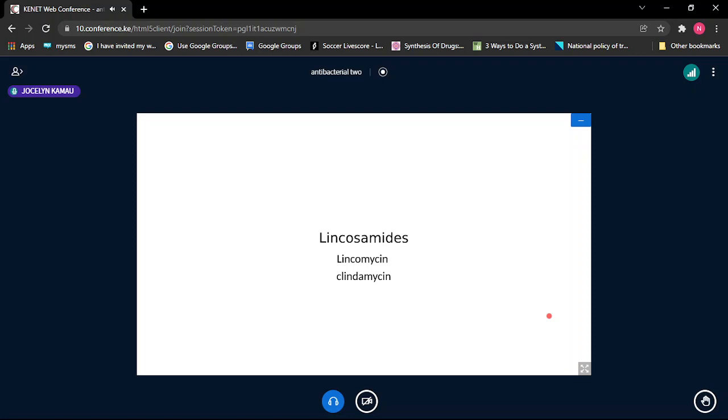Just like all the other antibiotic drugs we have talked about, there can be a mixture. When we were studying the macrolides and the aminoglycosides, we said they occur as mixtures. You can have kanamycin A, kanamycin B, kanamycin C; even gentamicin occurs in a mixture.